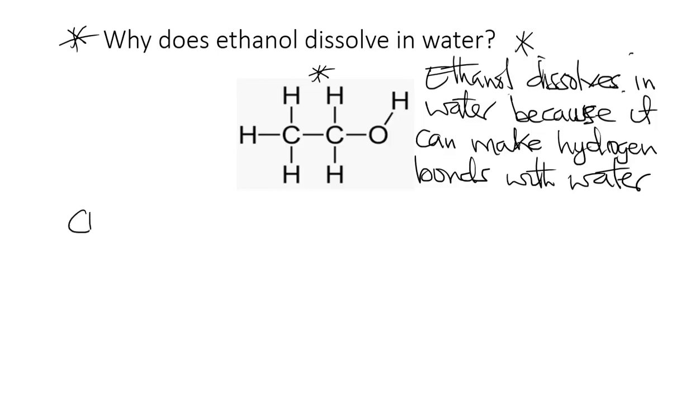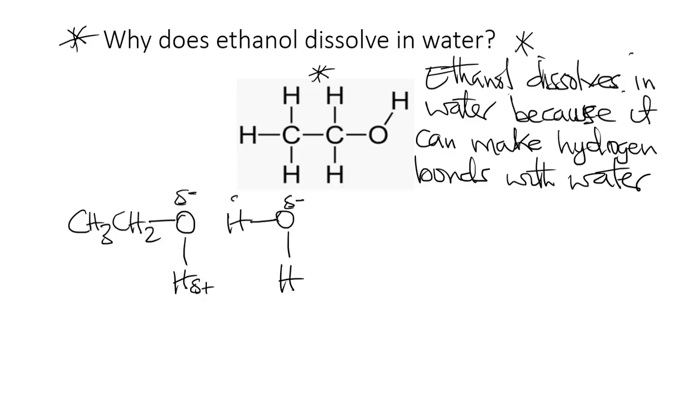So how does it work? Let's say this is the ethanol molecule and this is the water molecule. We know that this is partially negative, this is partially positive. This is partially negative, this is partially positive.